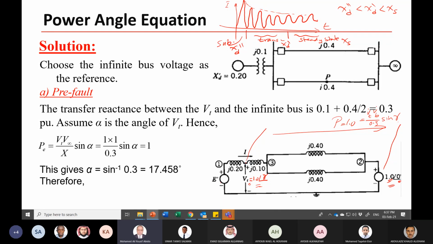If you have XS, in this case, you have lower voltage or internal voltage of the machine, and the angle will be higher than the angle with XD prime. Is it clear?